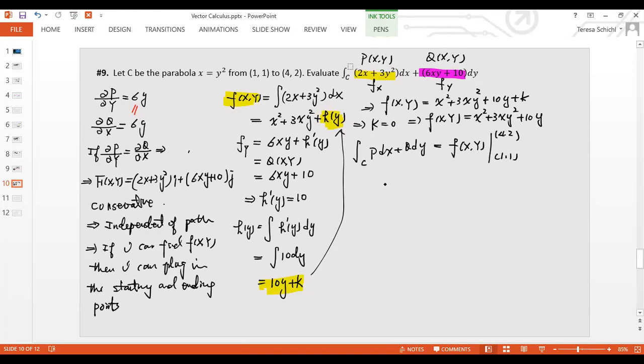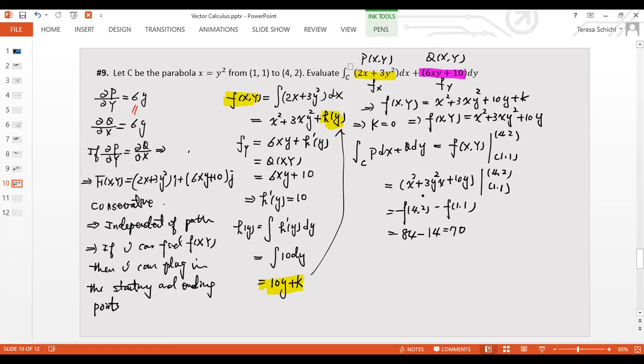My f of xy is x squared plus 3xy squared plus 10y. Then you substitute (4, 2) minus (1, 1), just like what we did in Calculus 2, right? So what you got here is 84 minus 14, which is equal to 70.